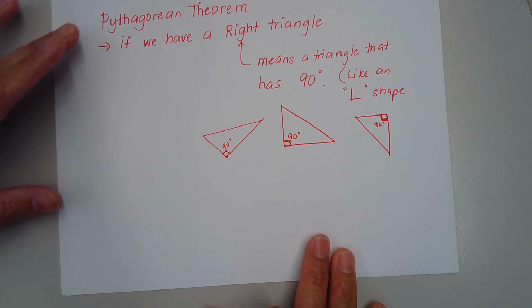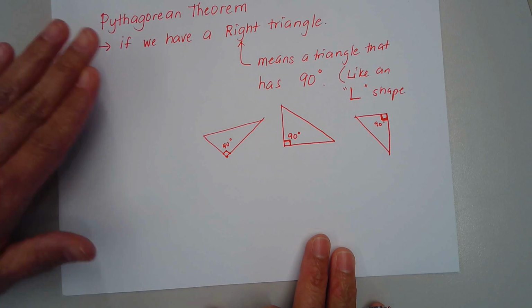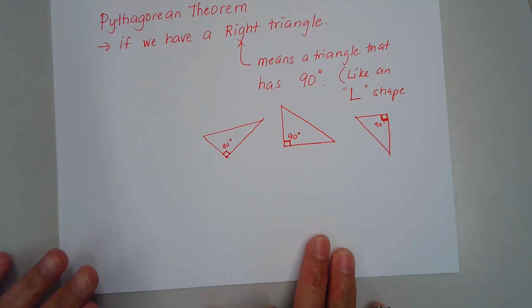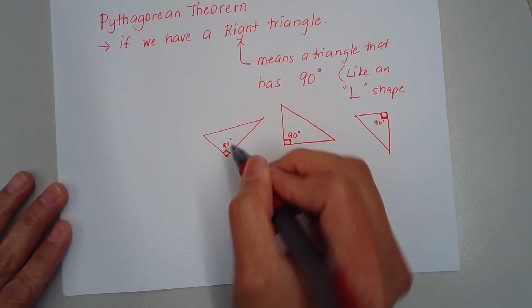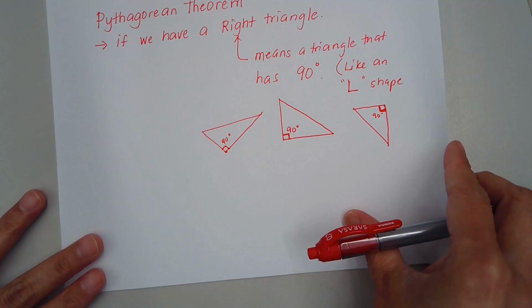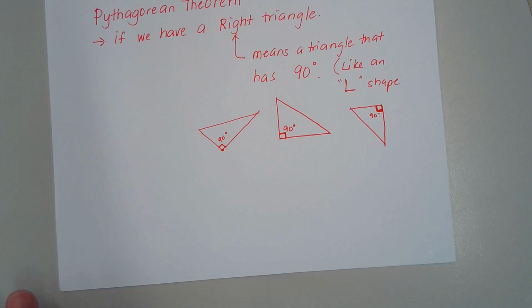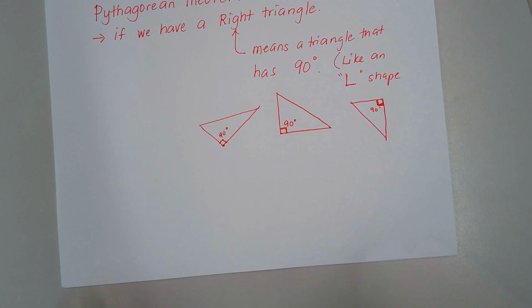So the Pythagorean theorem only works if we have a right triangle. And how do we know if we have a right triangle? When we have a 90-degree straight edge. I'm going to label the sides. I'm going to label this as C. This is side C. And then this is, I call side A. And then this is side B. So we got three sides.